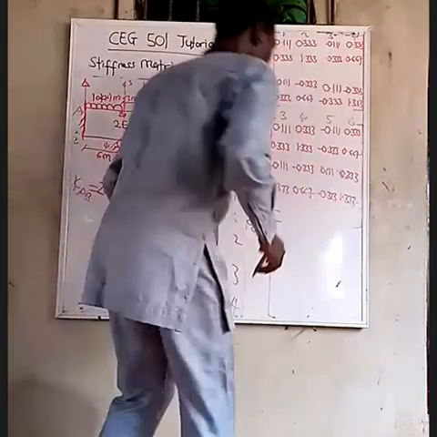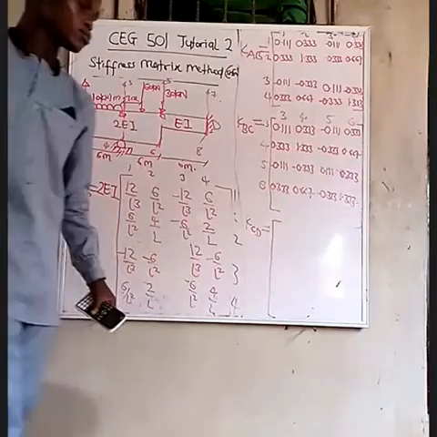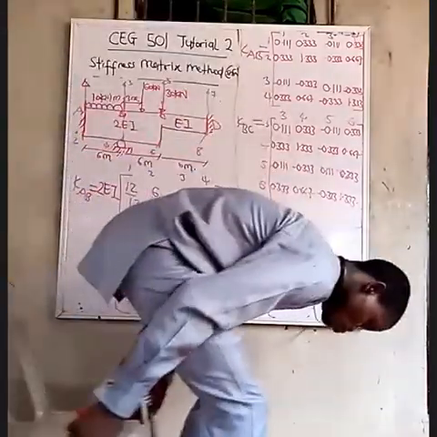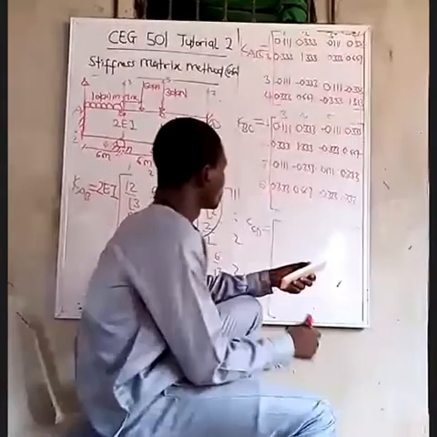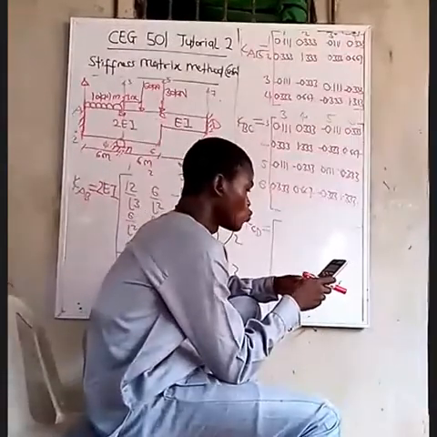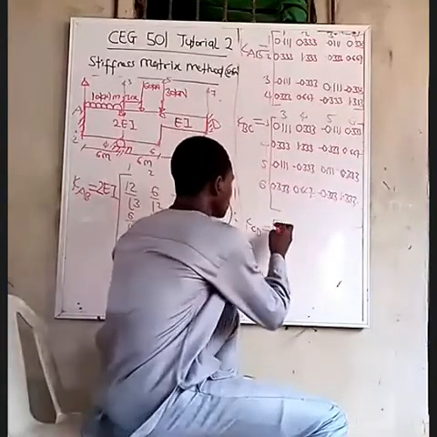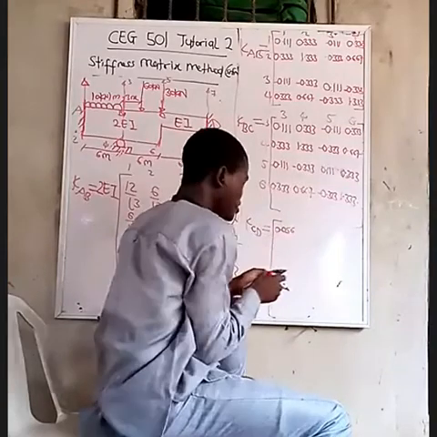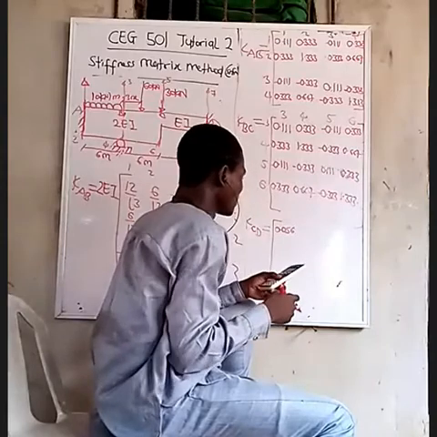So let's substitute it. So we have 0.111 divided by 2. That's 0.056.